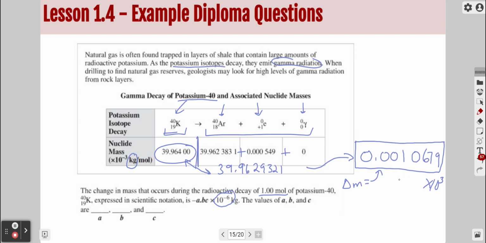So I'm going to move this down by 1, 2, 3. Then that makes much more sense. Times 10 to the negative 6. So the numbers that we're basically looking for are the 1, 0, and the 6, but we're going to round up the 6 to a 7. So the answer should be 1, 0, 7.